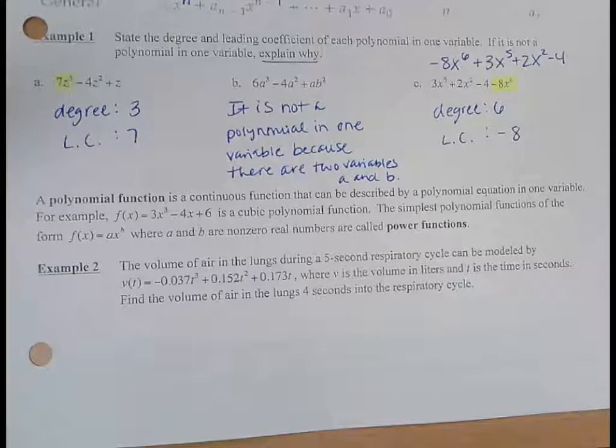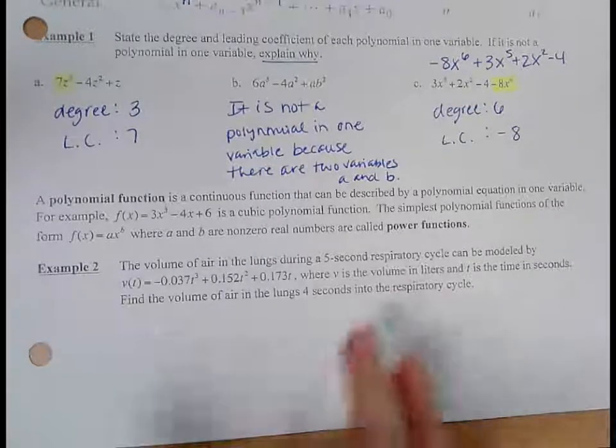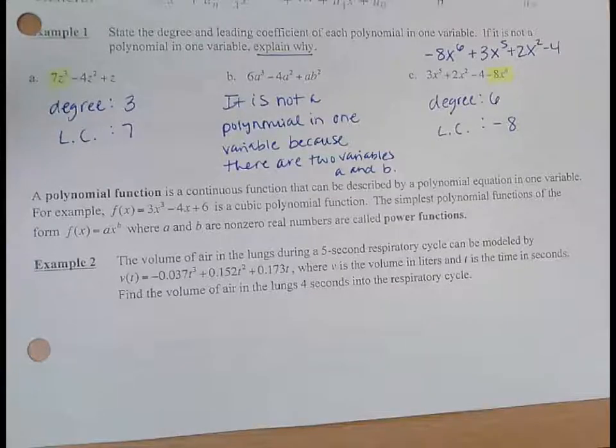If I ask you to write something in standard form, that you're able to do it. I know the directions here didn't say to do it, but knowing what that is important. So questions right now on standard form, leading coefficient, degree? Okay, so then the next part is actually now evaluating.